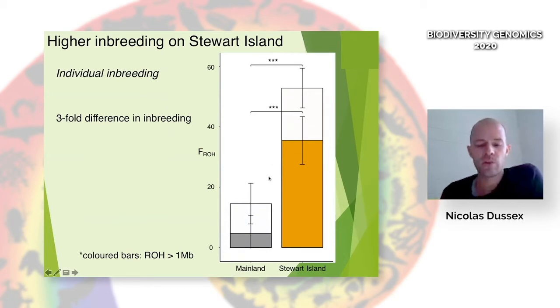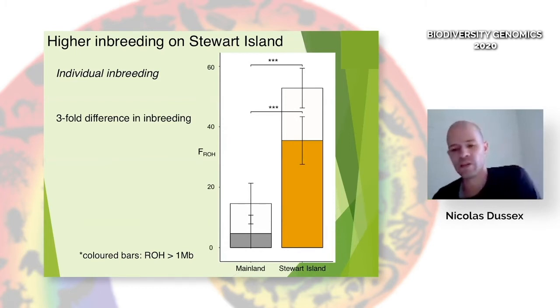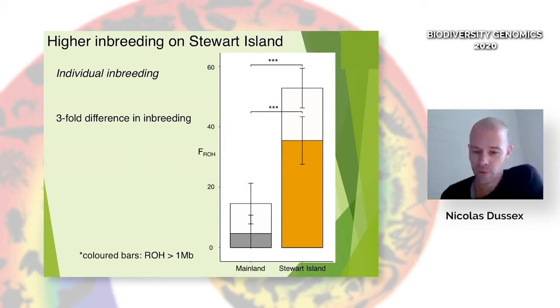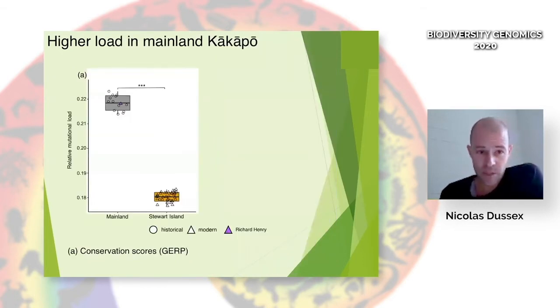This difference was also significant when only considering fragments larger than 1 megabase, which are supposed to indicate inbreeding that is recent, so that may have occurred in the last few generations as a result of human-induced decline. So this is not something completely new, but this time we had an accurate estimate of this inbreeding based on complete genome data. Then we estimated mutational load using two different approaches.